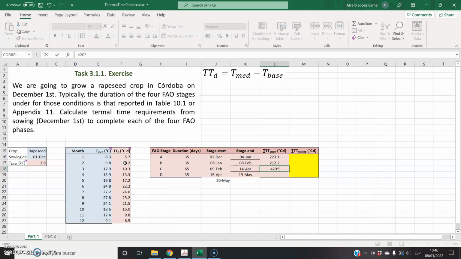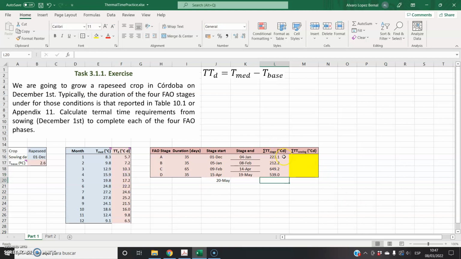Now we have 20 days in February, plus the whole month of March in stage C, plus 14 days in April. And finally, for stage D, we have 16 days in April, plus 19 days in May.